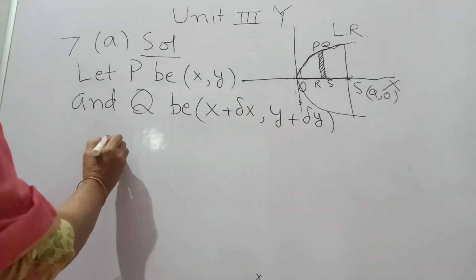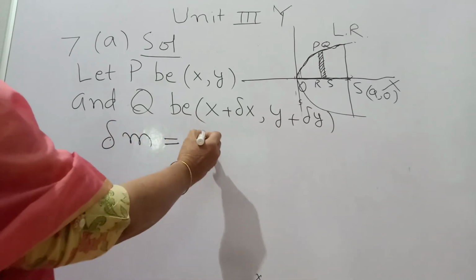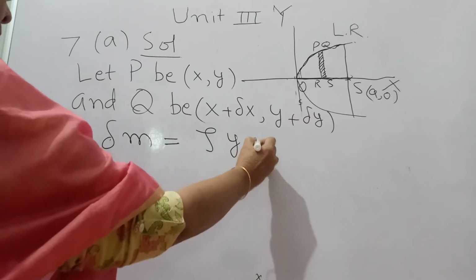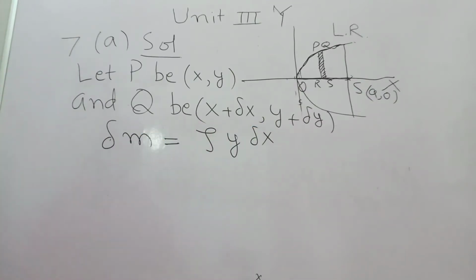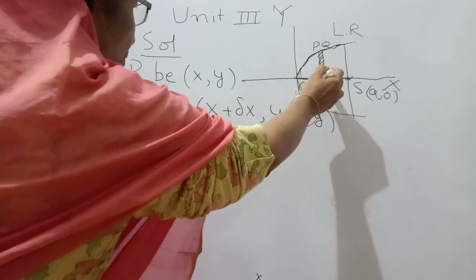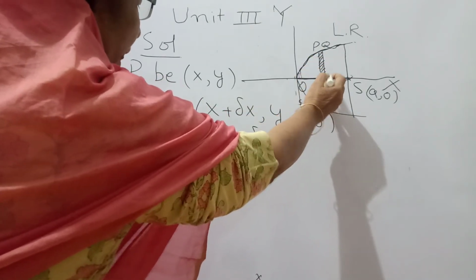So delta M will be rho y into delta x. Why? Because it is length into breadth into density. So the length of the strip is y and the breadth of the strip is delta x.